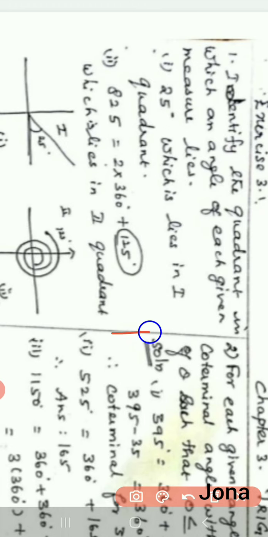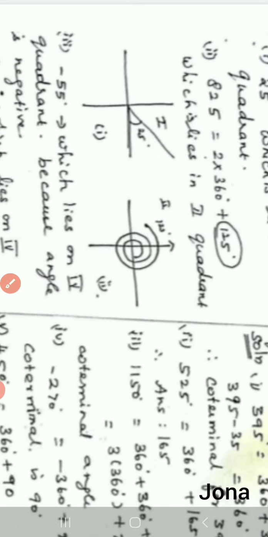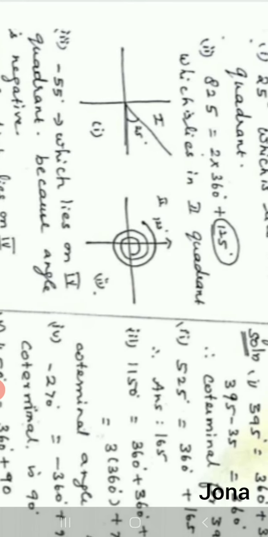This 25 degree lies in which quadrant? The 25 degree lies between 0 and 90 degree, so it will be in the first quadrant.